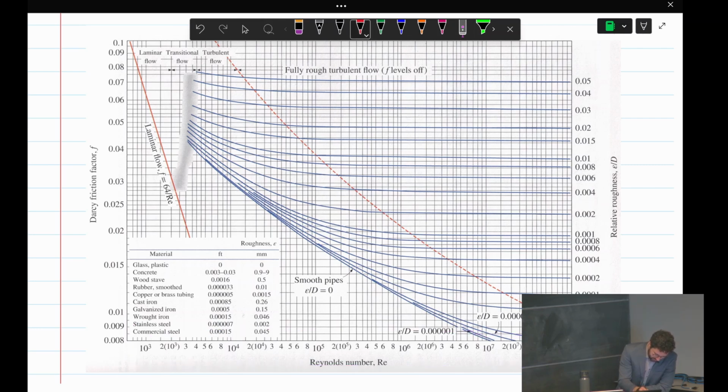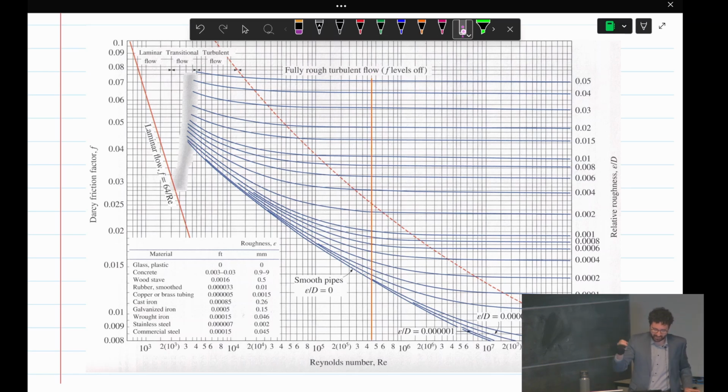So we were at 439,000. So we go and find that on here. Let's round that up to say 450,000. So that's going to be this line here. Okay. So we go down to our Reynolds number. We pick 450,000, which is this line.